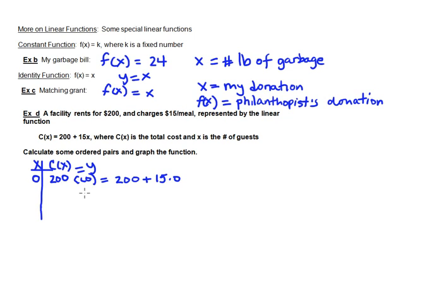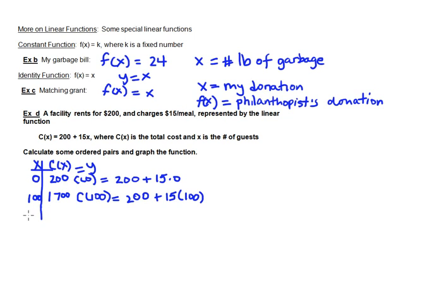If I were to have more guests, suppose I had 100, we'll calculate c of 100. This would be the initial $200 for the rental of the facility, plus $15 times our 100 guests. So we end up with $1,500 plus the 200, which gives us $1,700. And again, that's for an x value of 100.